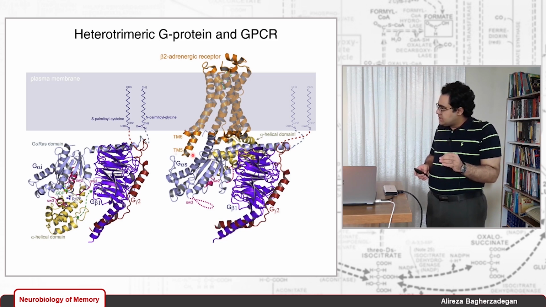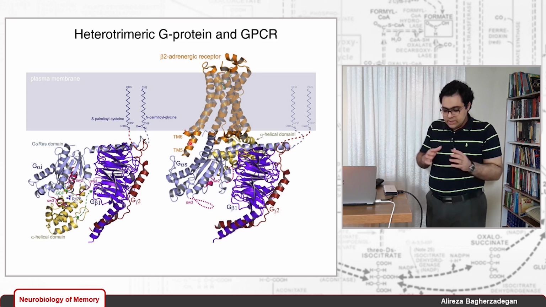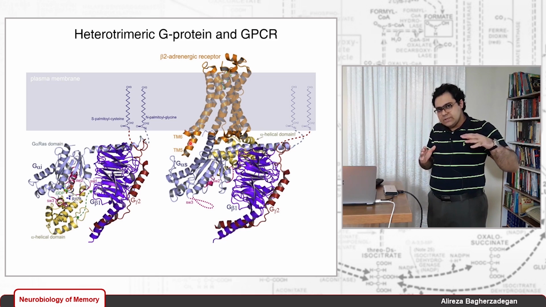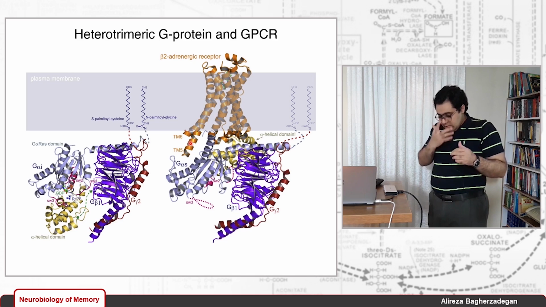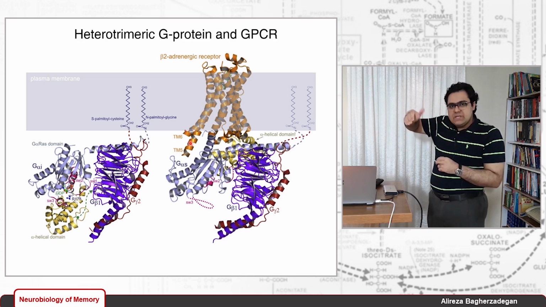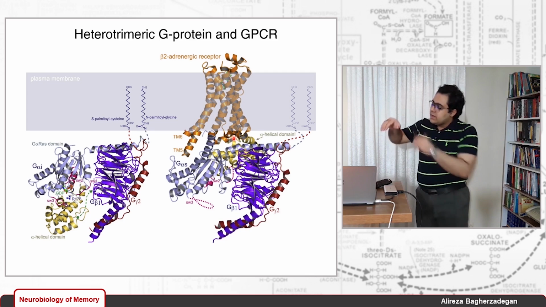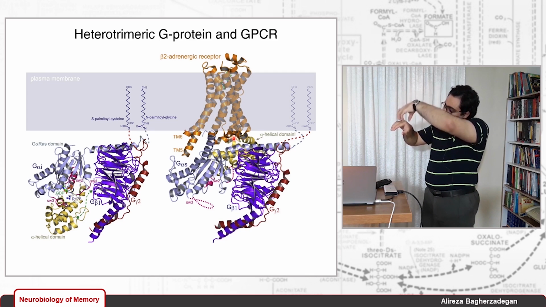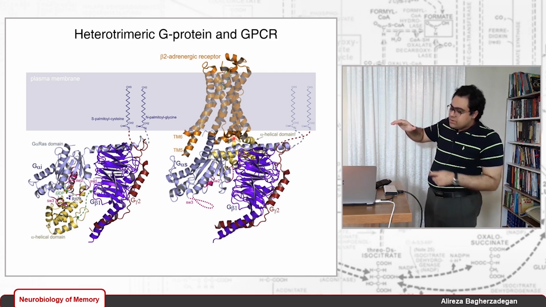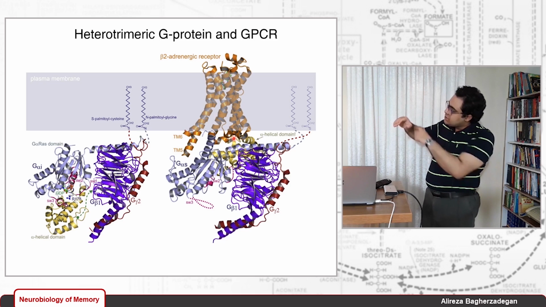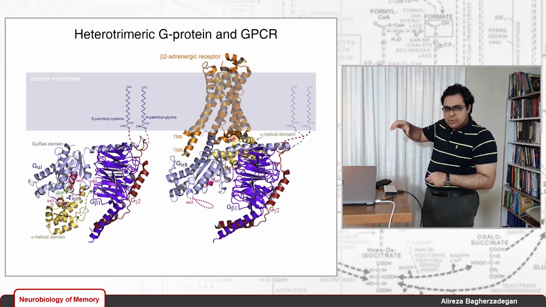Because of the extension of transmembrane alpha helix 5 and movement of transmembrane alpha helix 6, a kind of cavity is formed on the cytosolic side of this G protein coupled receptor. So the top of my hand is a G protein coupled receptor, and due to the movement of those two alpha helices, a cavity is formed on the cytosolic side of the receptor.